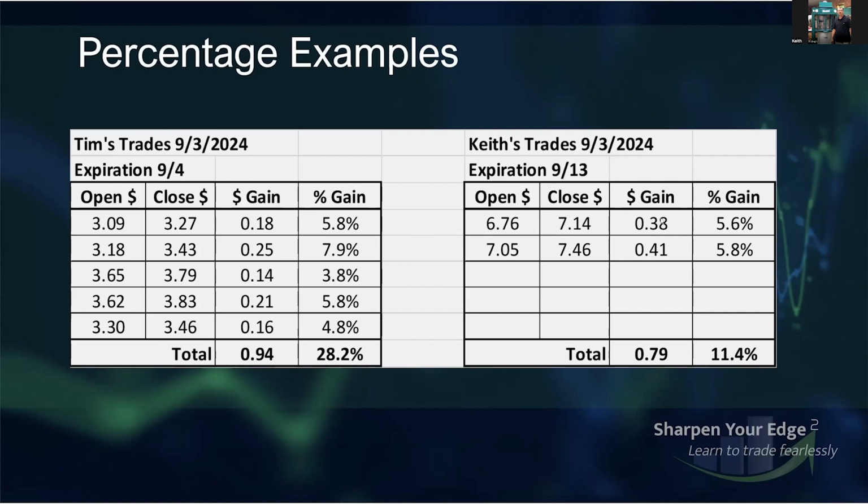So to calculate the total dollar gross gain, you take the gain, which is 38 cents here. You do that times 100, because that's 100 shares per contract. And then you multiply that, in my case, by 14, because I was doing 14 contracts.